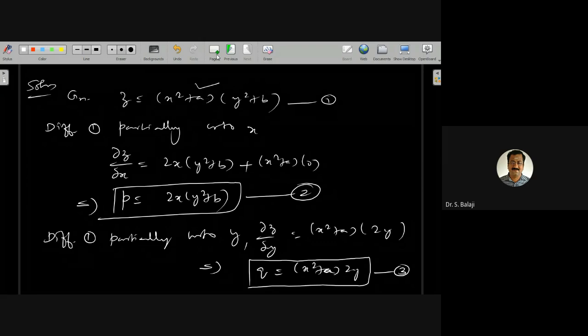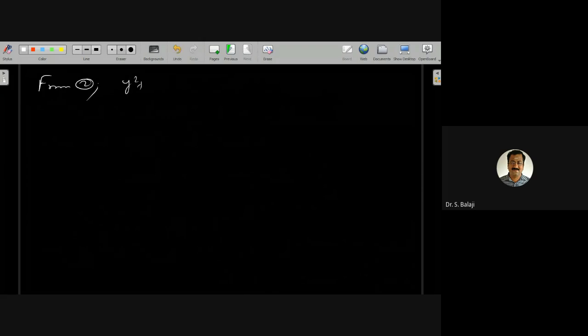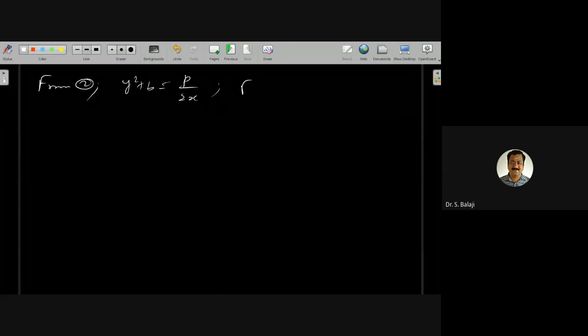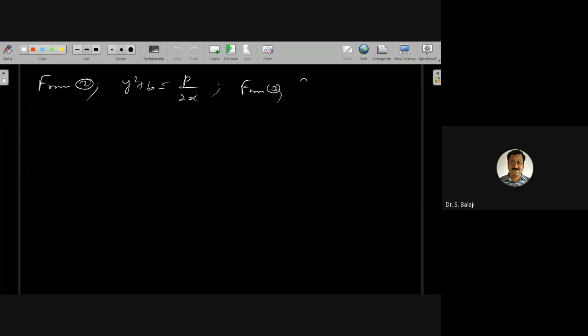From 2 and 3, from 2, what you can get here: y square plus b is equal to p by 2x. Similarly, from 3, q by 2y is equal to x square plus a.